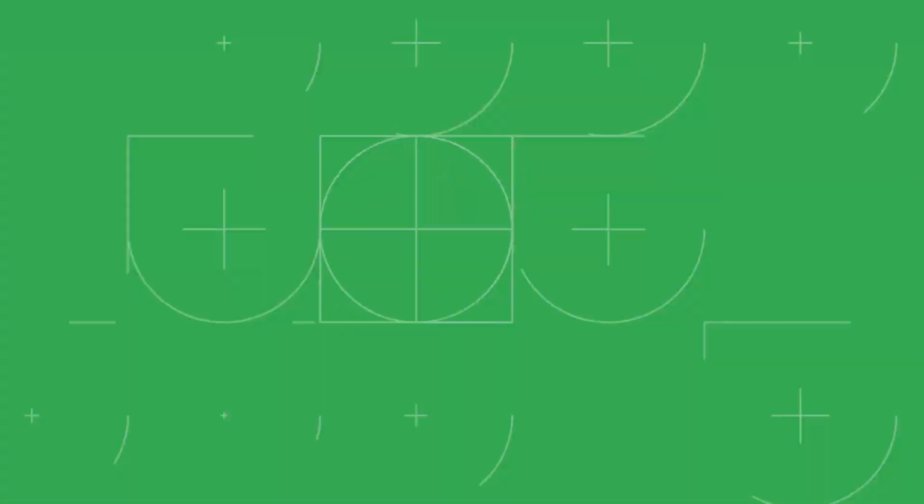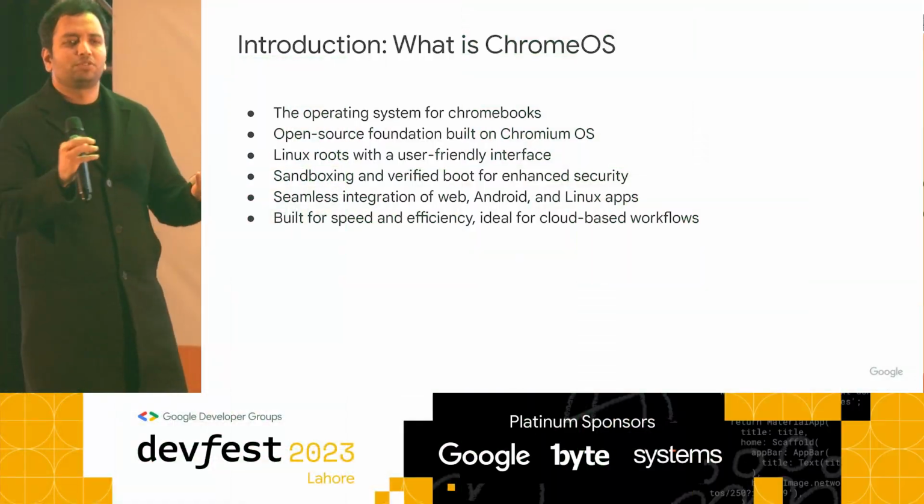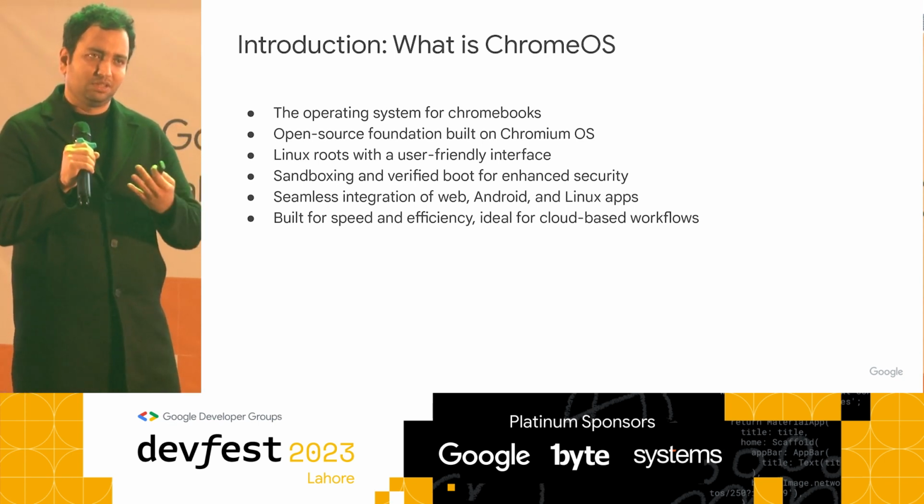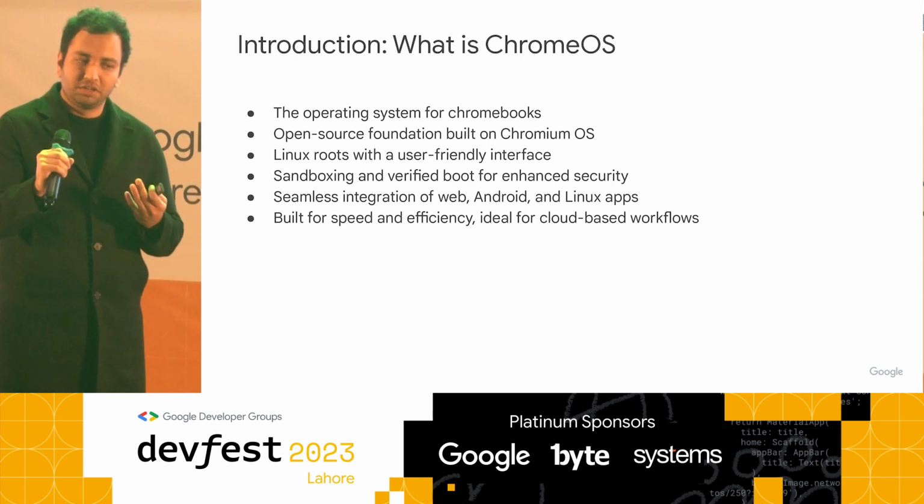To go into a bit more detail, ChromeOS is an operating system, as you know already. It says it in the name. It was announced in 2009. It's an open source operating system which is built upon Chromium OS, which uses the Linux kernel.